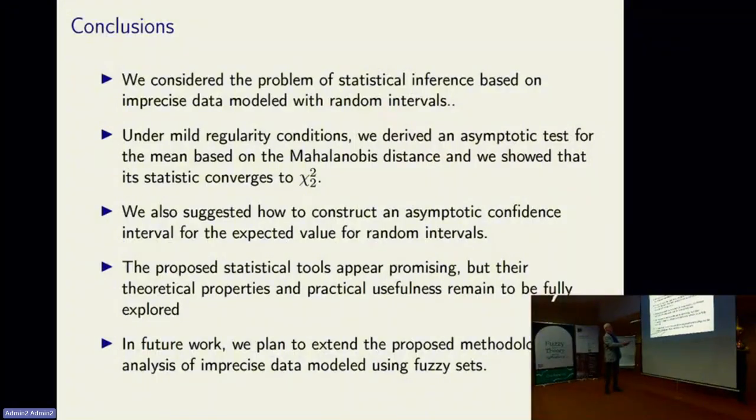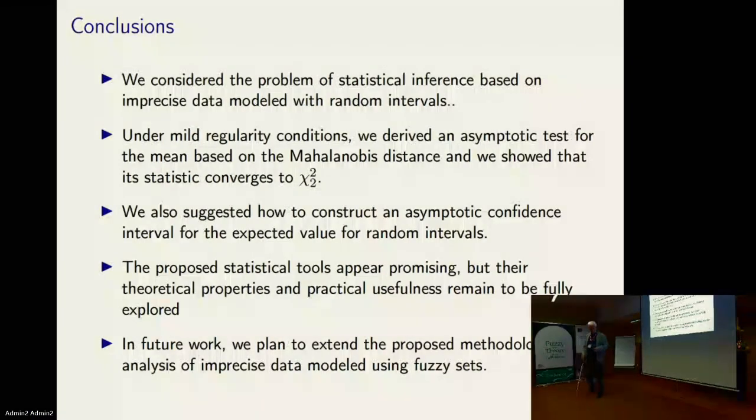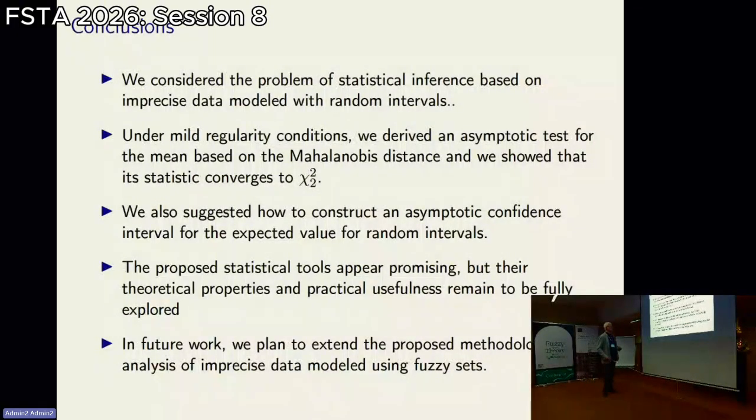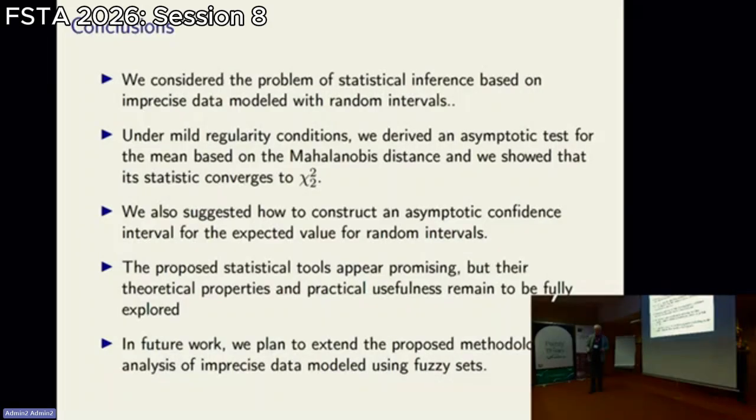In future, we propose to generalize it somehow to fuzzy sets. Of course, still more studies are needed, in particular comparisons with resampling tools. We have just started but not finished.